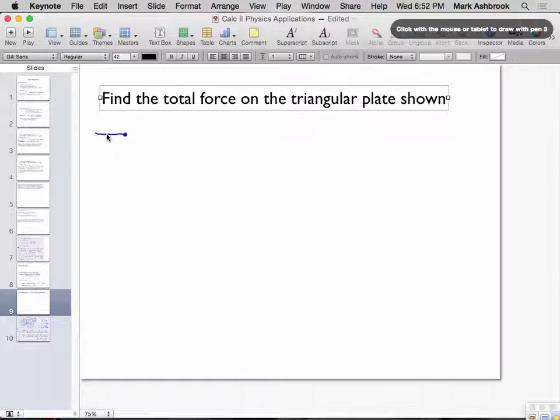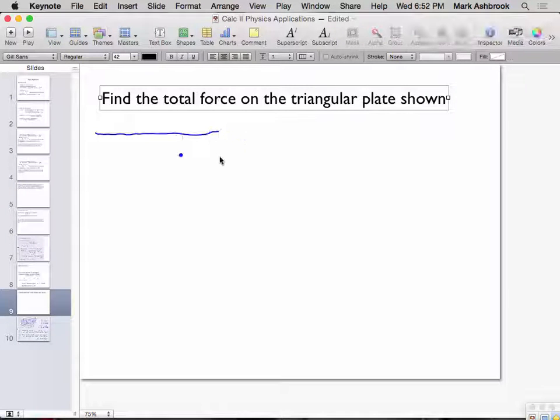Here's water. So the plate is this. It's a big plate.